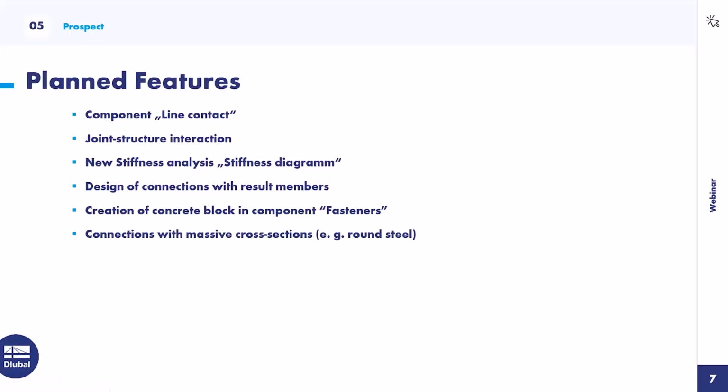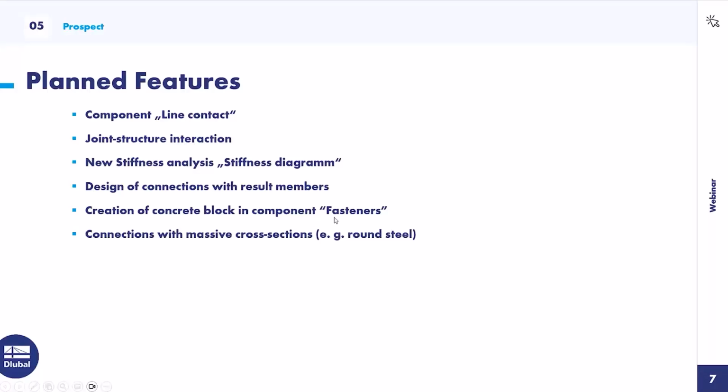I also mentioned already the new stiffness analysis stiffness diagram, with consideration of nonlinear stiffnesses under larger loads. Then design of connections with result members will be available. Then creation of concrete block in component fasteners.